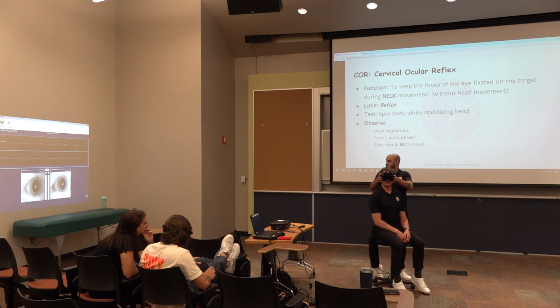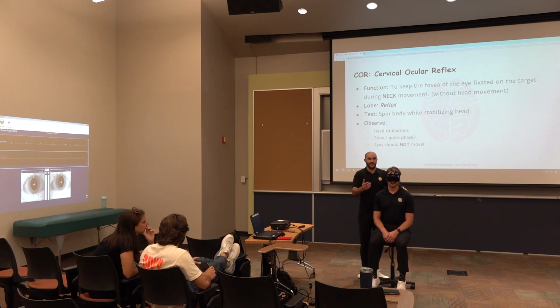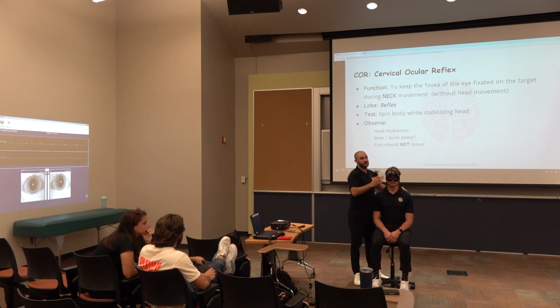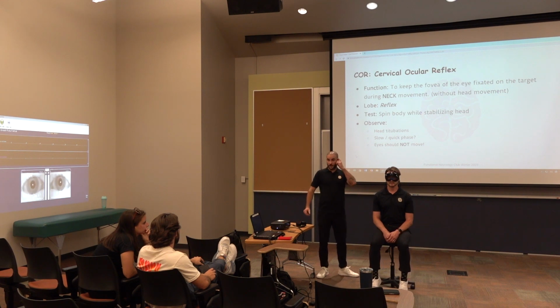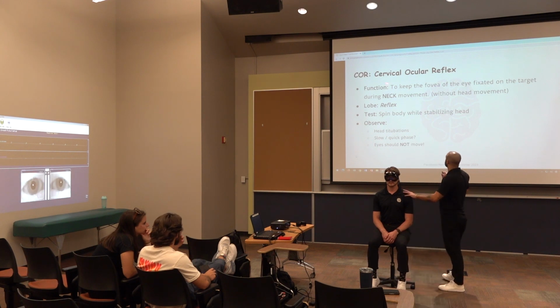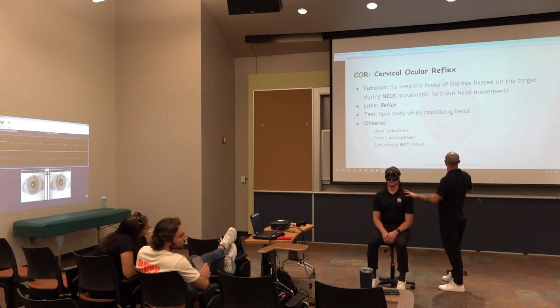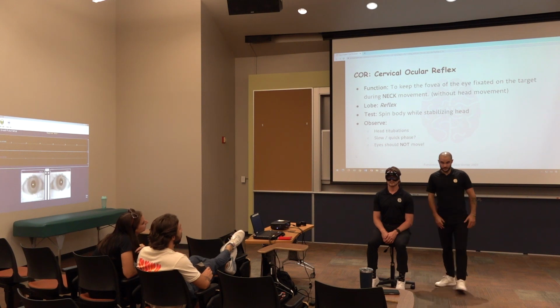A cervical ocular reflex would look exactly the same as optokinetic nystagmus. Just to go back, the cervical ocular reflex is to keep the fovea of the eye fixated on the target during neck movement.